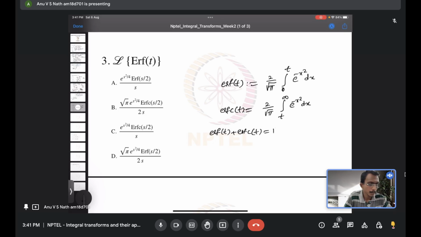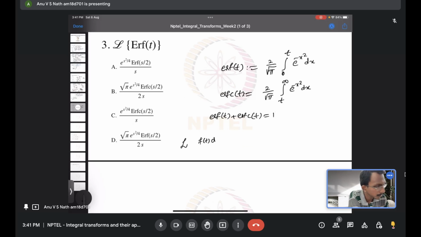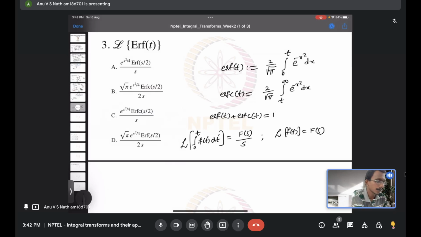Any suggestion which property will help here? If the Laplace transform of a function f of t is capital F of s, then the Laplace transform of its integral will be 1 by s times F of s.